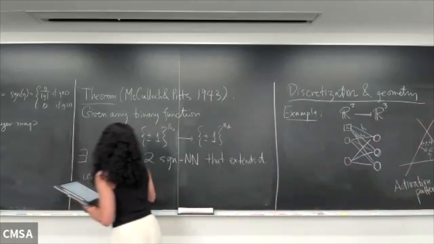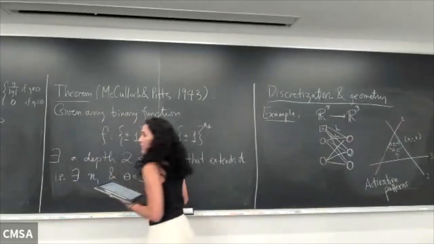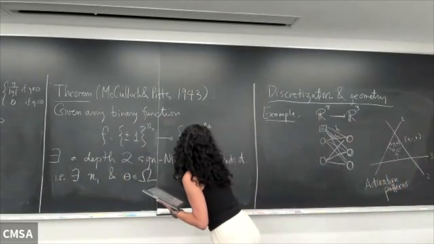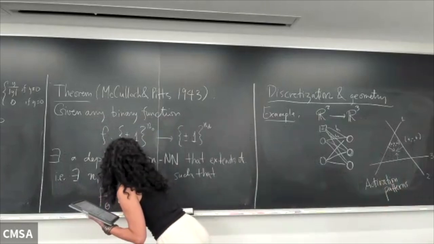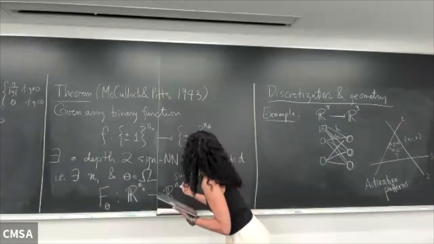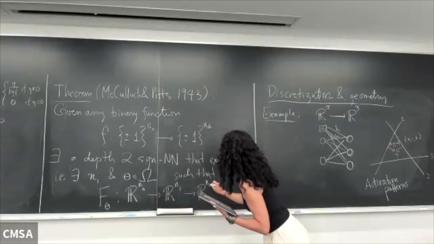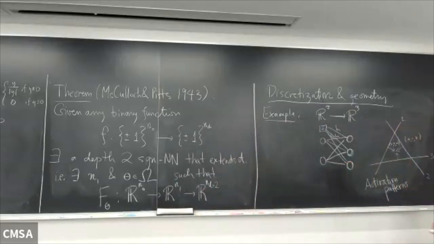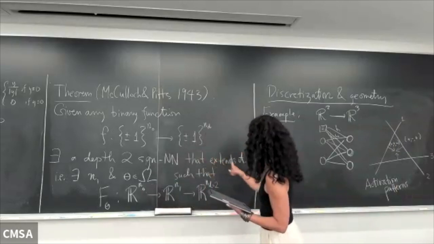There exists an N1 and a theta in the parameter space of this signed neural network, such that when you write down the corresponding function, this is now a map that goes through this hidden layer and to n d, but here the depth is 2, d equals 2. So that this is a signed neural network.